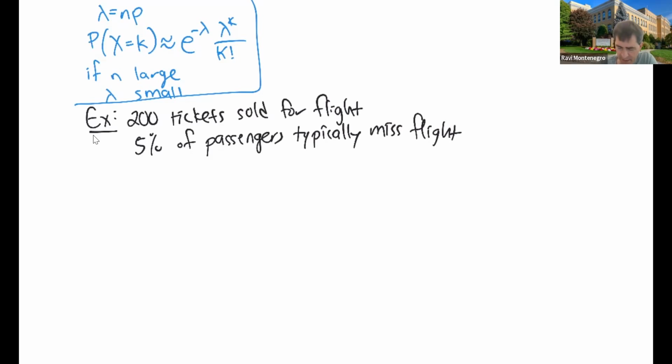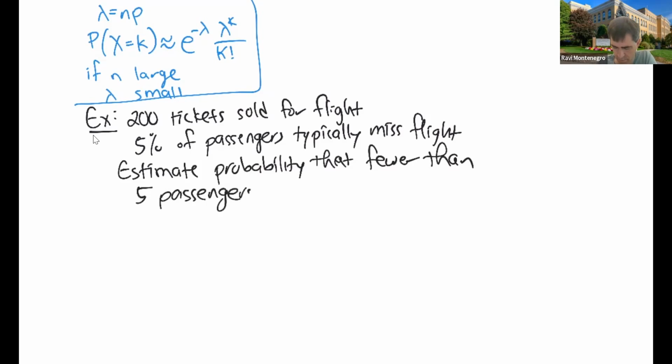And let's estimate the probability that fewer than 5 passengers miss their flight. So this would be like saying more than 195 showed up. So if our plane could hold 195 passengers, this is the chance that too many show up.